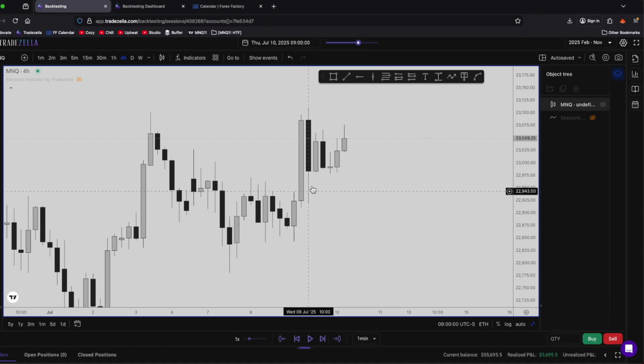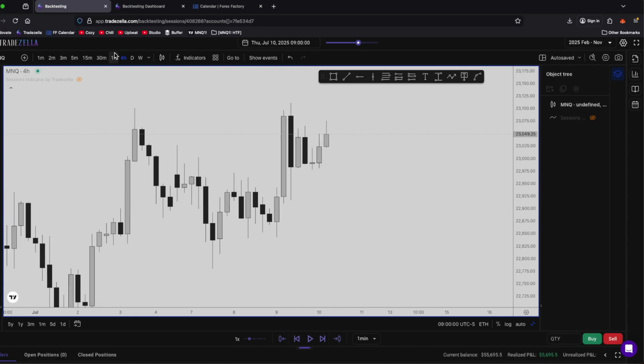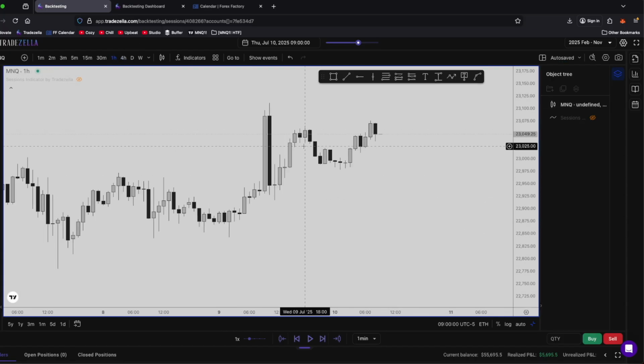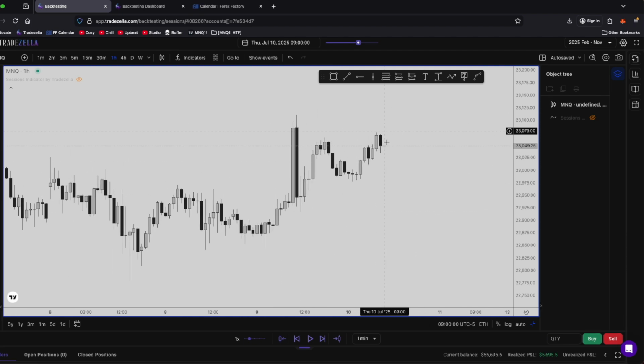So the 4-hour, what do we got? Just kind of floating up. Let's look at the 2 a.m. candle. I don't like this. It's just kind of ugly. Same thing here. 1 hour is just continuing to float up.